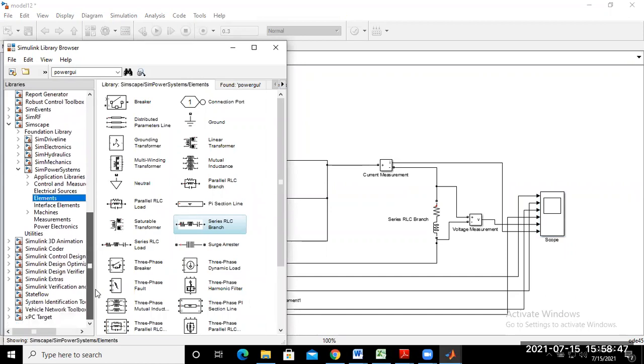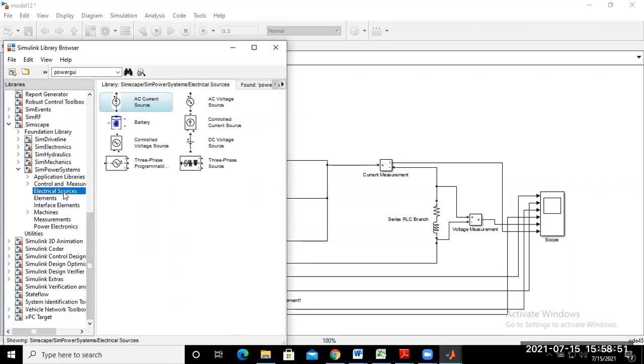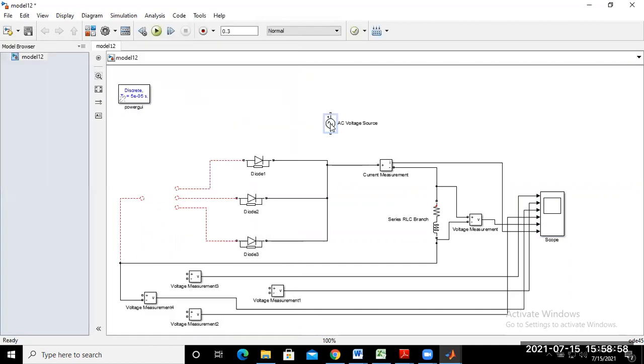In electrical source, you will find single phase or three phase. So just drag the single phase AC voltage source and create 3 units of the single phase AC source. That means 1, 2, 3. And remove this one and place it here.